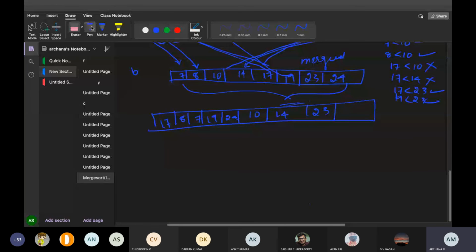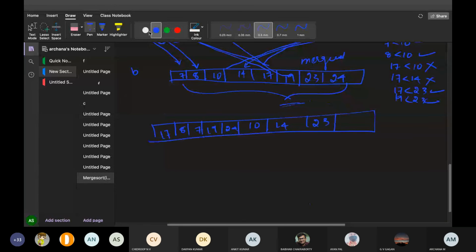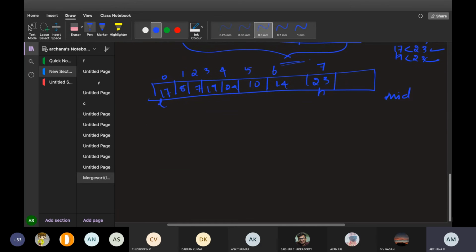This is what I had: 0, 1, 2, 3, 4, 5, 6, 7. Take this as low, take this as high, find out the middle element. Just keep on dividing and just show that in your exam. That's all. No need to trace the algorithm and show.